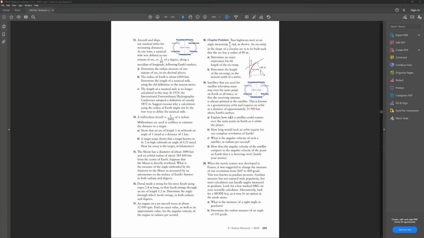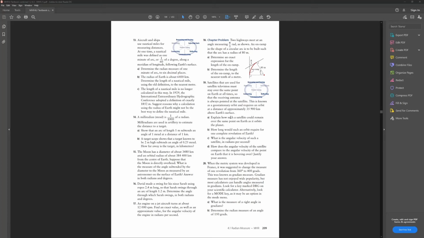For B, we're talking about a target scope that shows that a target known to be 2 meters high subtends an angle of 0.25 mrad. How far away is the target in kilometers? Okay, so now what we're solving for is actually the radius, it seems, because we're trying to find the distance between, I'm guessing, a sniper and the target.